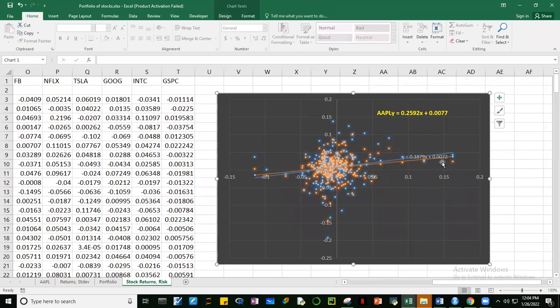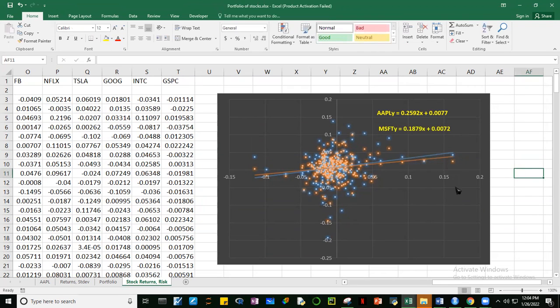Okay, so ito naman si Microsoft. No? Lagyan natin ang pangalan para alam natin kanina to. MSFT. Oops. Yan. Okay? So, yung orange, yung MSFT, no?